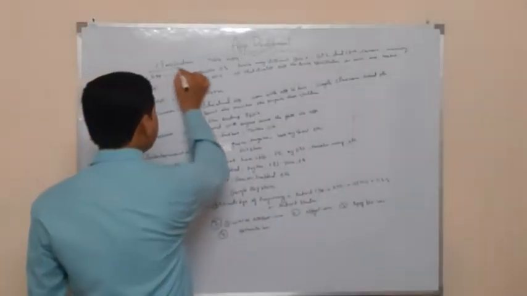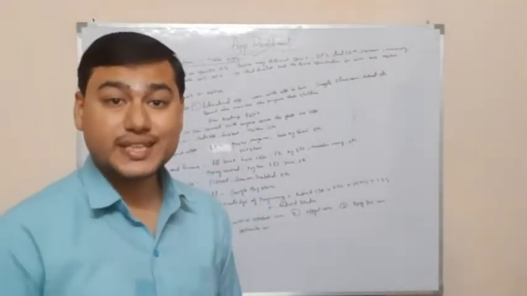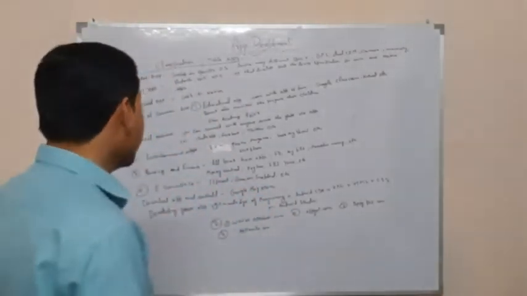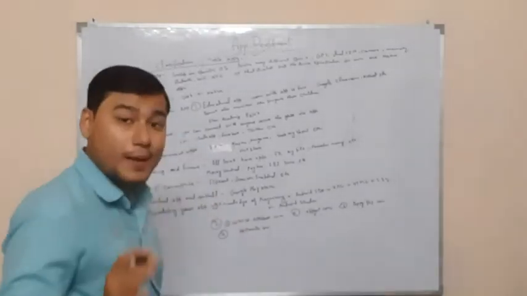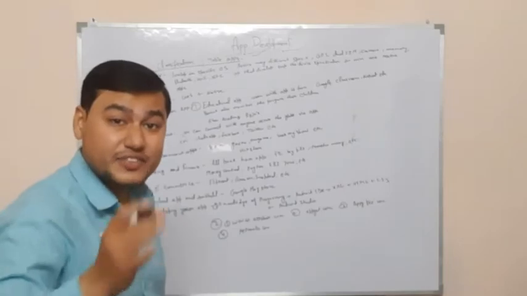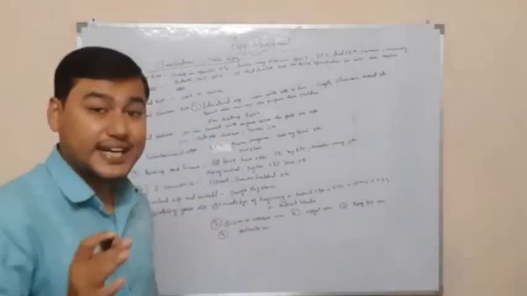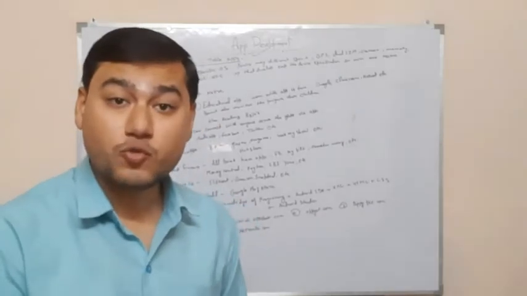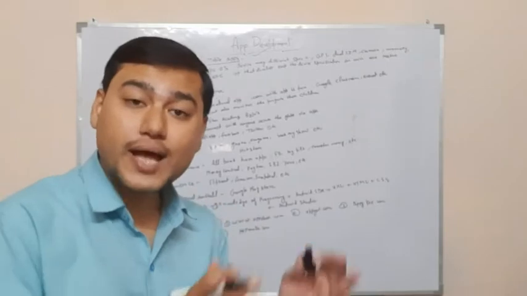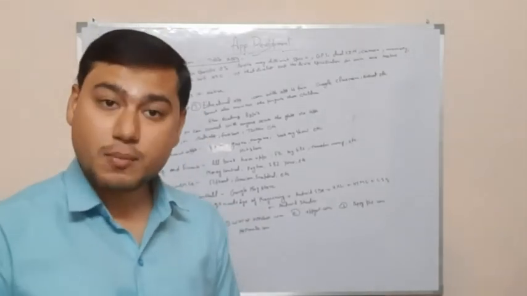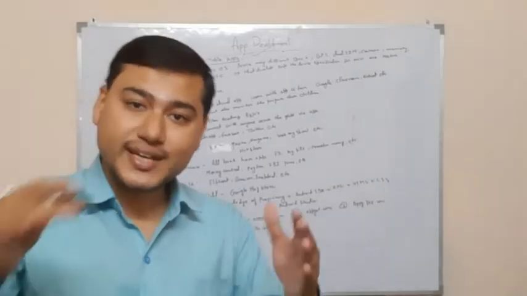The classification of mobile apps means the types of mobile apps. There are three types of apps considered in the classification of mobile apps. The first one is the native app. What is a native app? You know that every mobile phone has its own specification. Different mobile phones have different specifications. Some have high memory, some have less memory.